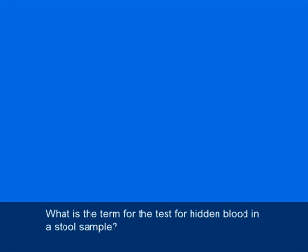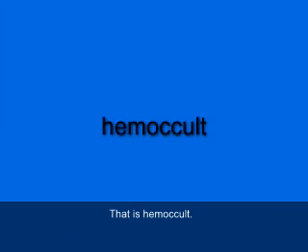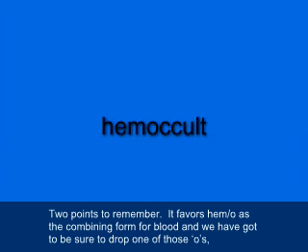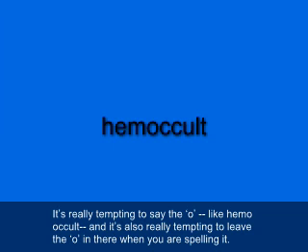What is the term for a test for hidden blood in a stool sample? That is hemoccult. Two points to remember. It favors hemo as the combining form for blood, and we have to be sure to drop one of those O's. It's really tempting to say the O, like hemoocult, and it's also really tempting to leave the O in there when you're spelling it.